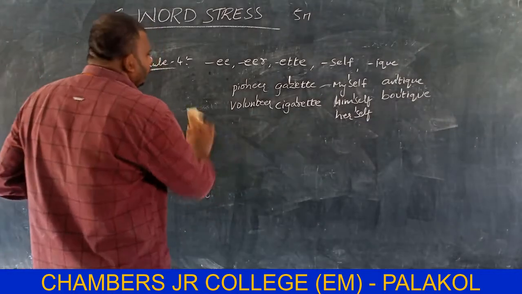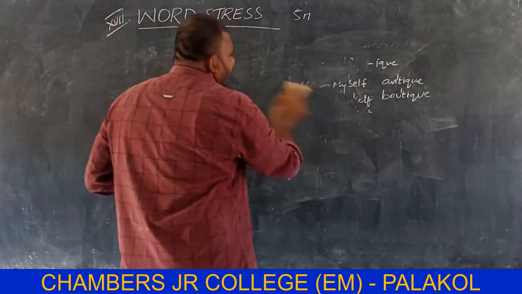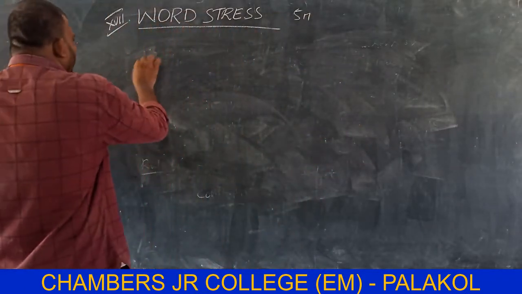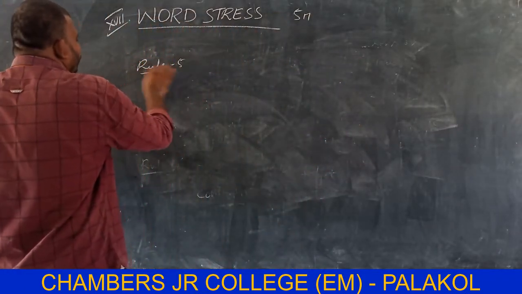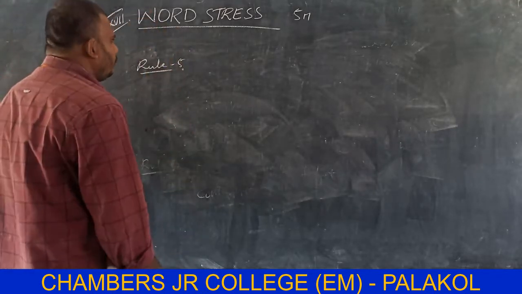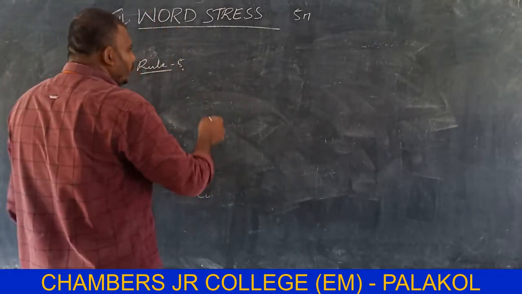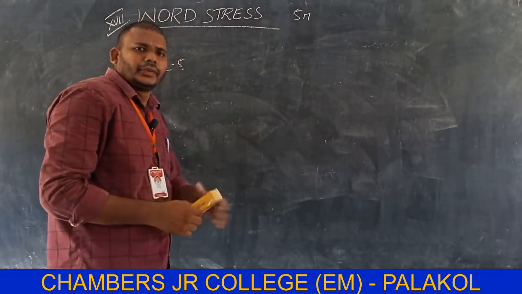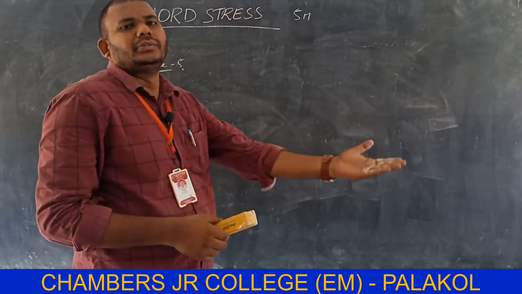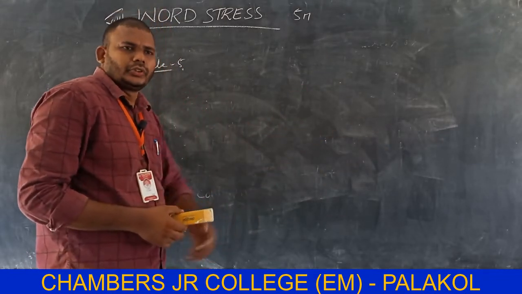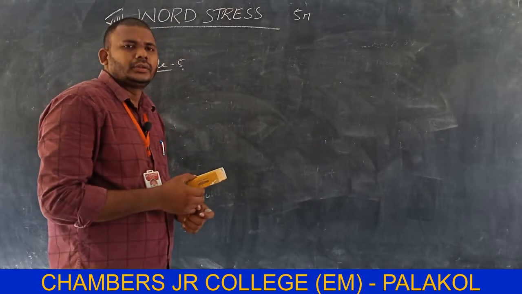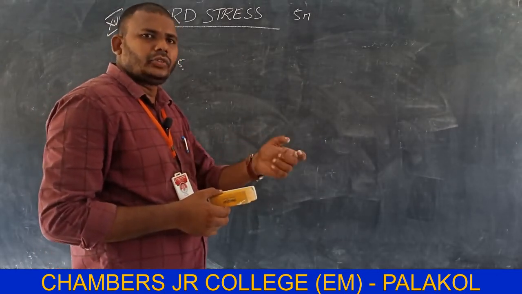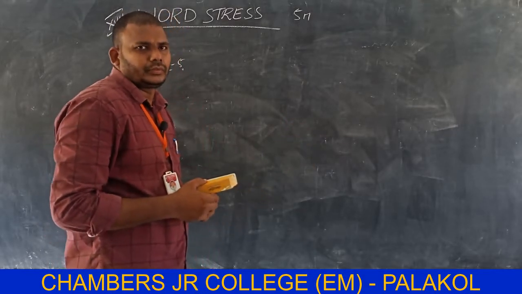And see the next one. Rule number 5. Some words function as both a noun and a verb or adjective. The same word with the same spelling is used as a noun as well as a verb or an adjective.